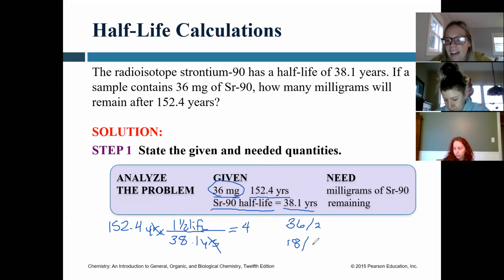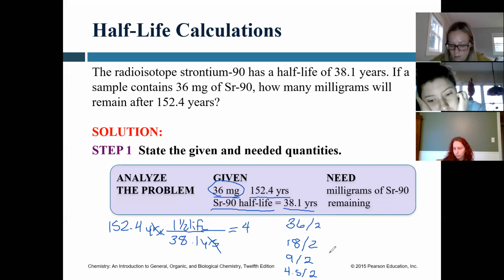Then I need to cut that in half and I get 9, 2 half-lives, right? Then I need to cut that in half, and that's 4.5. Then I need to cut that in half. 1, 2, 3, 4 half-lives. Gives us 2.25.